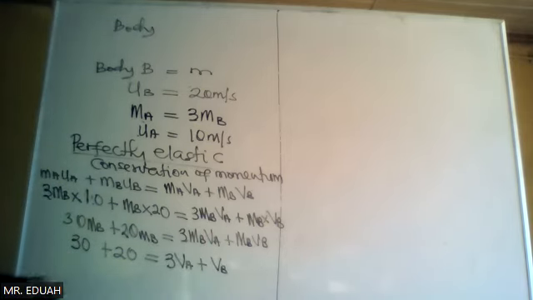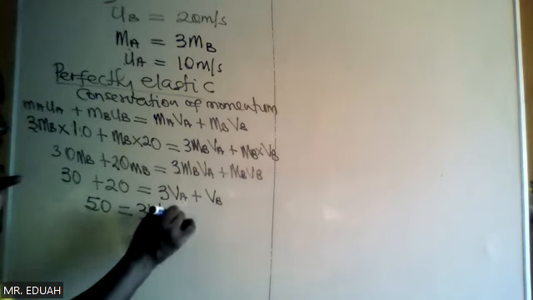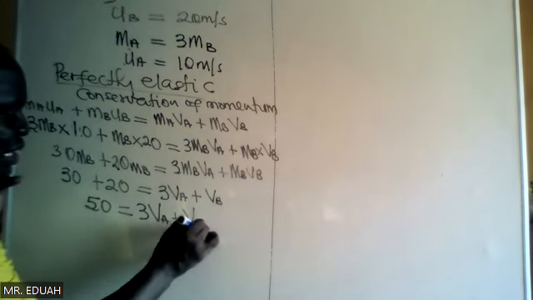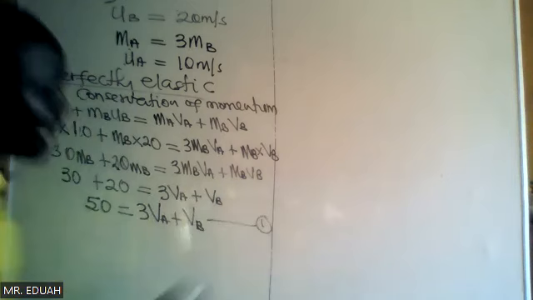But you have to take note or write it somewhere that we are dividing through by MB. So our final equation will be 50 is equal to 3 VA plus VB. And this is equation 1.